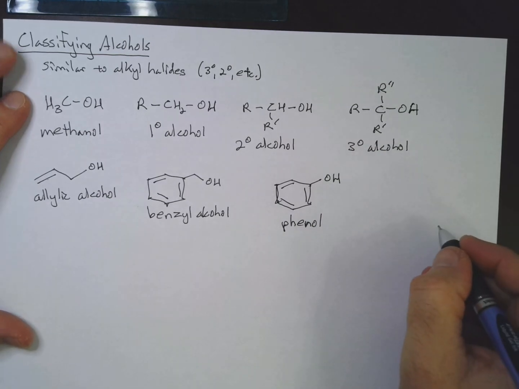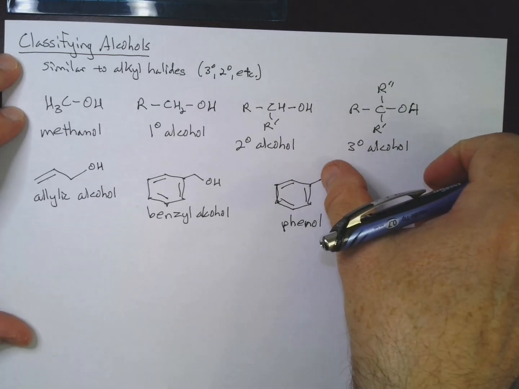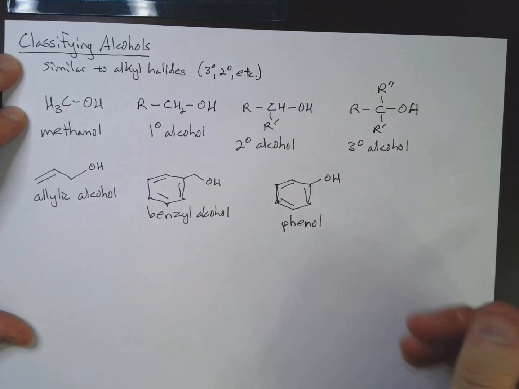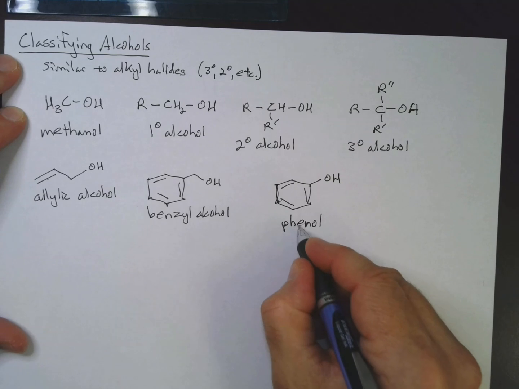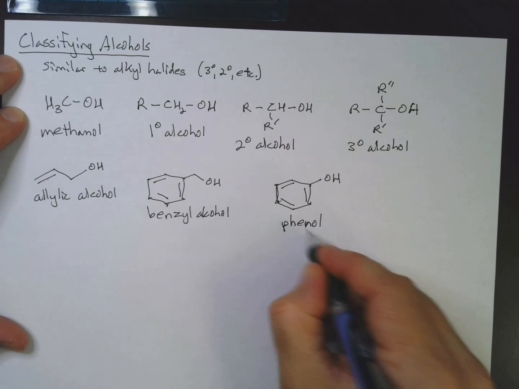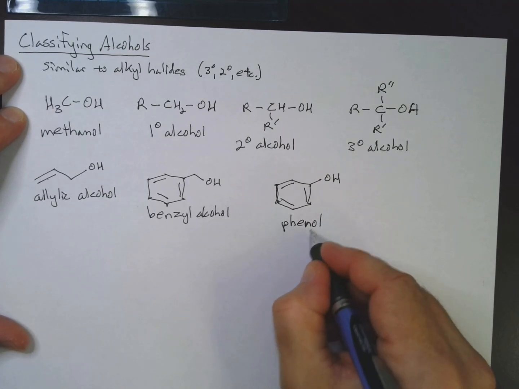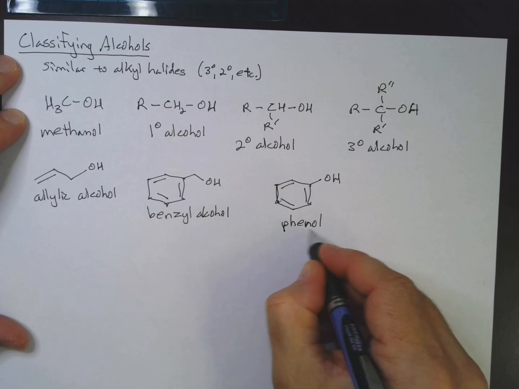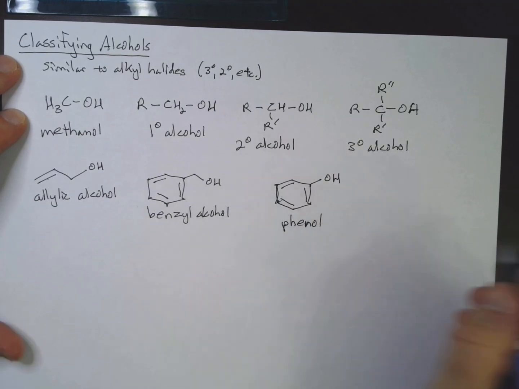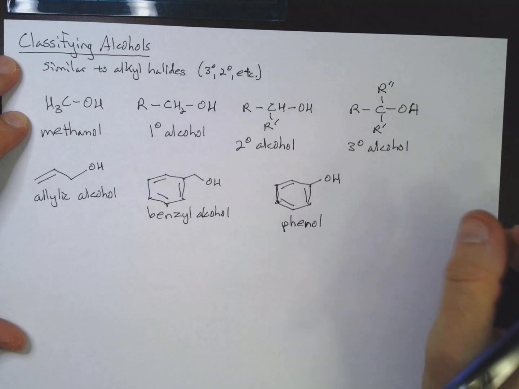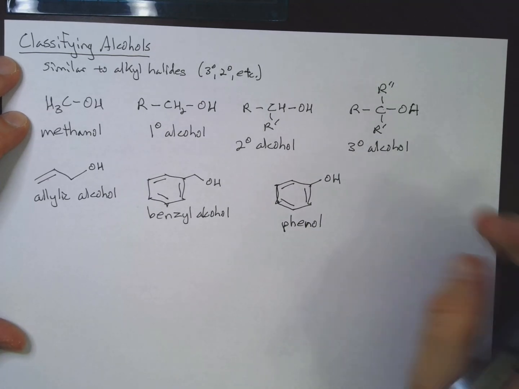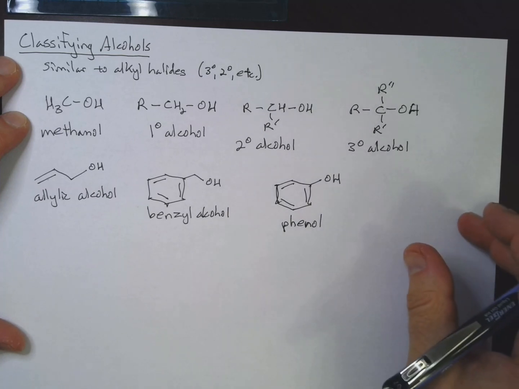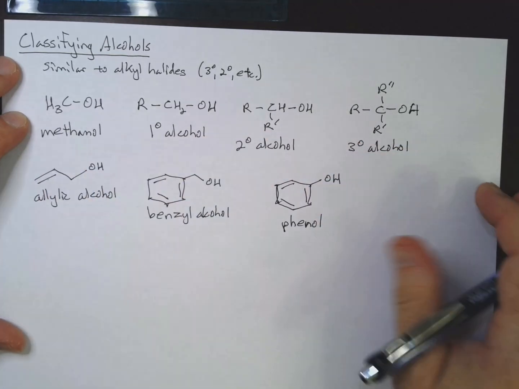I guess that's short for phenyl alcohol, because that would be the phenyl group. But with an OH, it's an alcohol, so phenyl alcohol, and that becomes phenol. Notice the long E, phe, and then the ol: phenol. Phenols have their own particular properties, especially acidity, that are a little different from the regular alcohols.